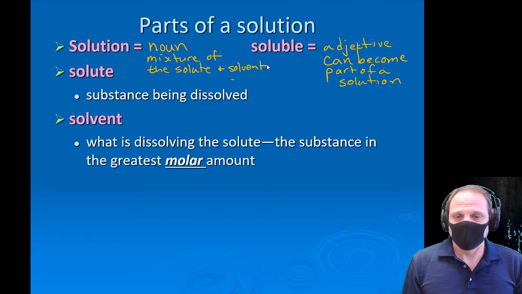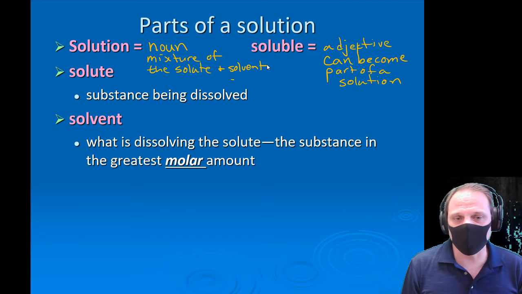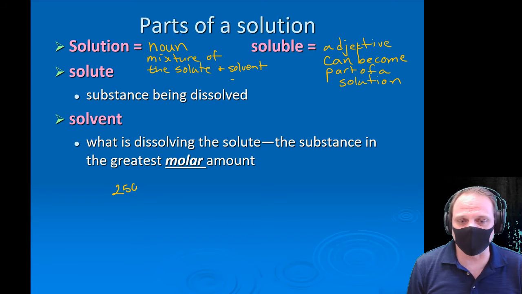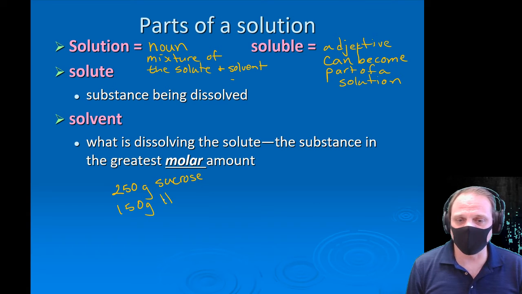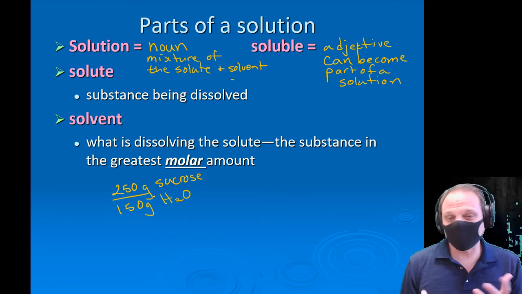Now, the tricky part about figuring out what the solvent is is that you don't necessarily know what is in the greatest amount, because it's tricky sometimes. Let's say I had 250 grams of sucrose, and I was dissolving that in 150 grams of water. In this case, you'd be like, well, 250 grams is more, but it's not.